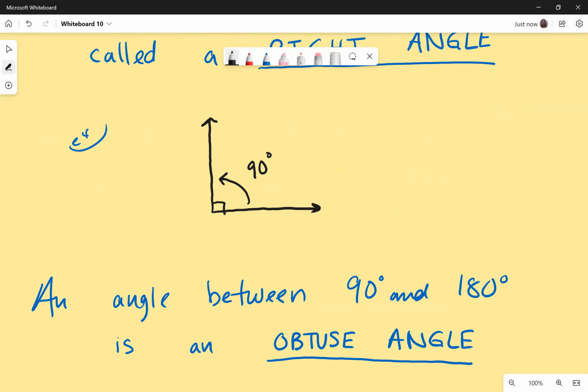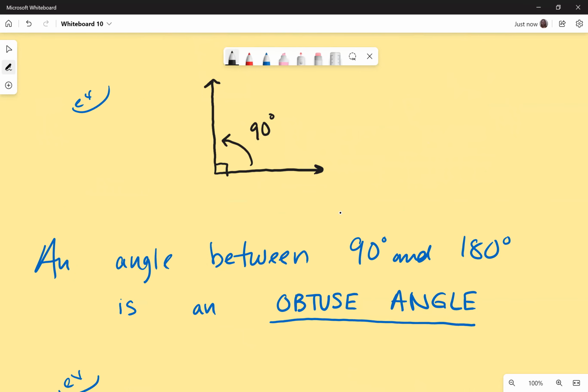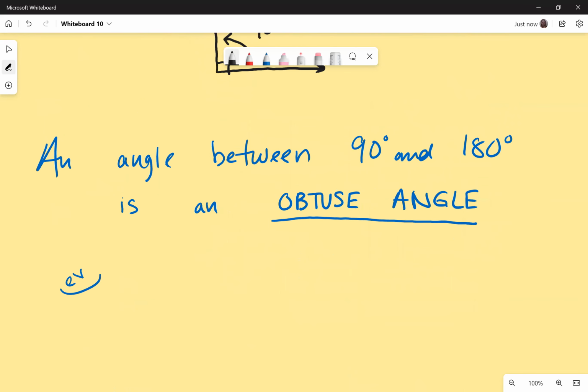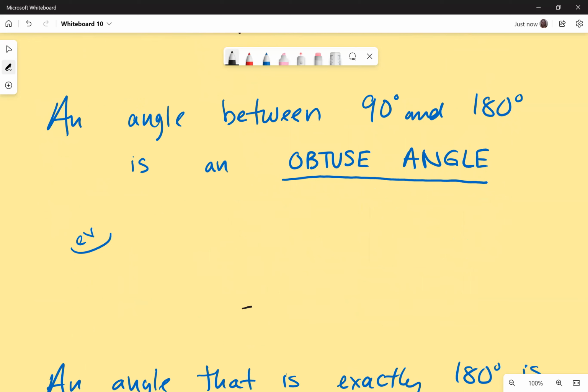An angle between 90 degrees and 180 degrees is called an obtuse angle. So we had 90, which was quarter of the way. 180 was halfway. So somewhere in between those two, maybe like 135 degrees, would be considered an obtuse angle.